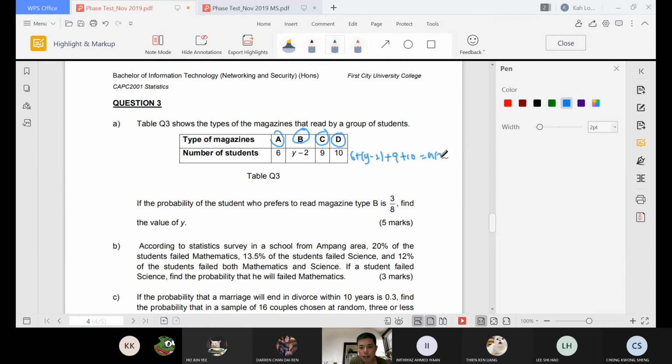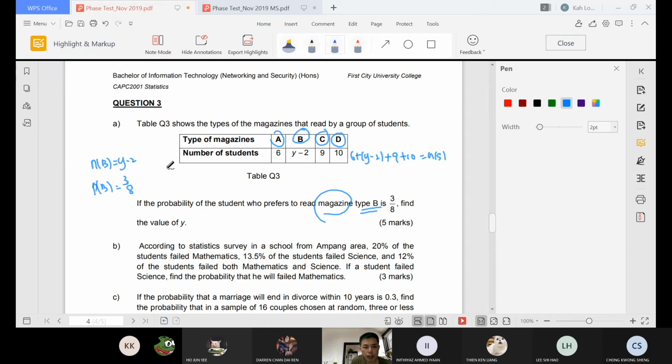This is the n(S), the number of the sample space. Now the probability of a student who prefers to read magazine type B. So type B, how many? Y minus 2, right? So your P(B) is 3/8.